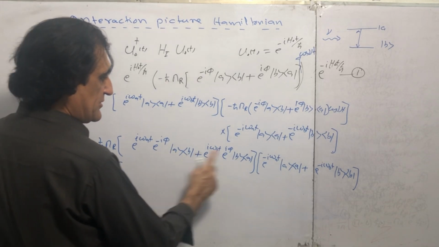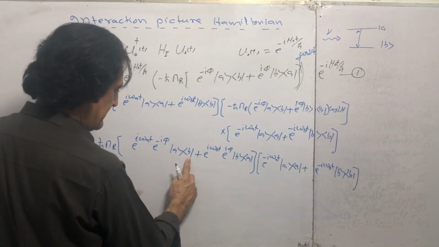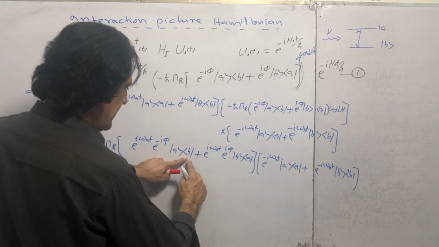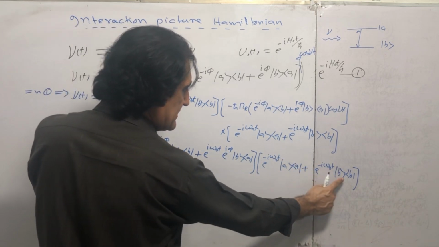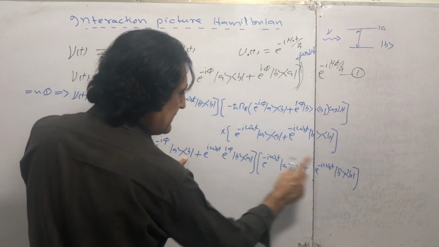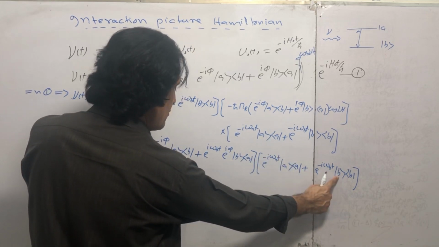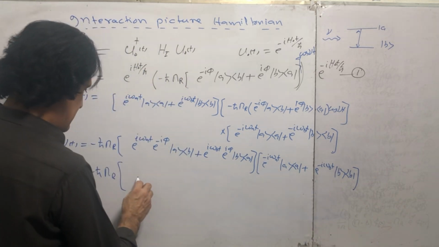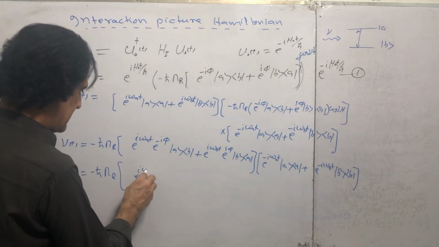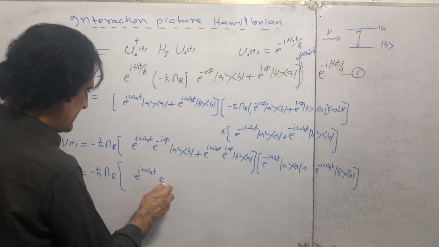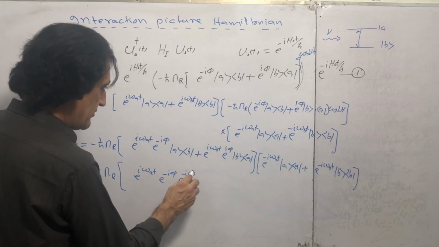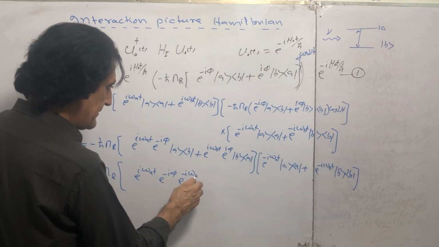Multiply this term with this term. So here b and a, this will be equal to 0. And multiply this term with this term. So b, this will be equal to 1, and we have ab, e to the power iota omega at, e to the power minus iota phi, and e to the power minus iota omega bt.